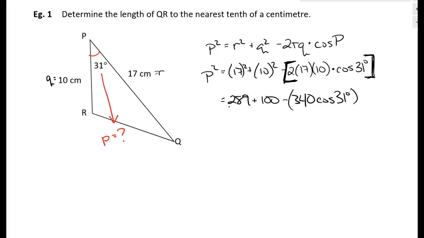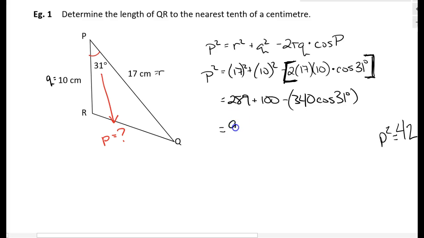That gives us 49, and then we'd multiply that by cosine of 31, and that would give us 42 as p squared.